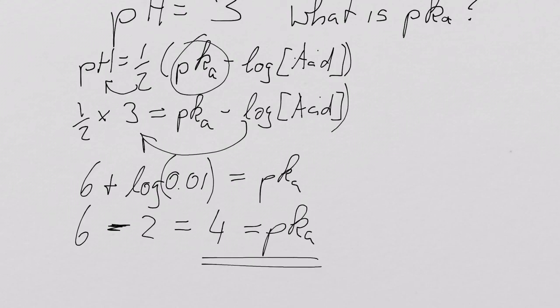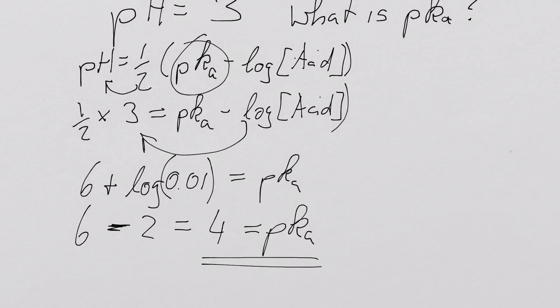And that is actually how in practice you determine the pKa of a weak acid. You just take a defined concentration of this acid and measure the pH. And from this, you then can very easily calculate what the pKa is.